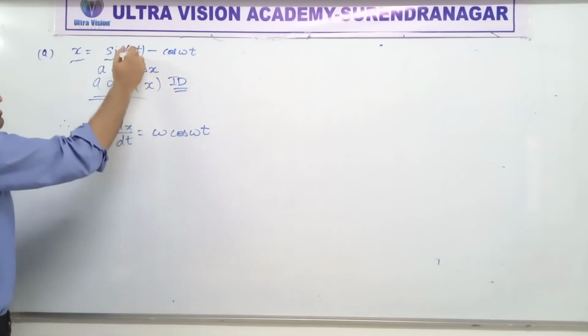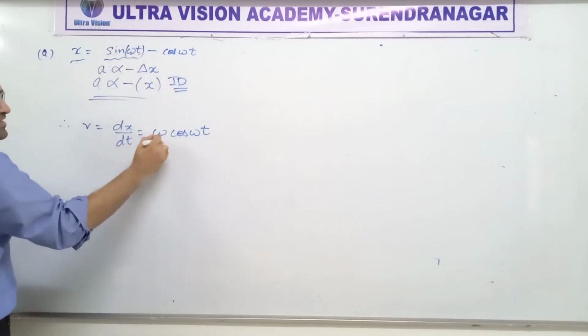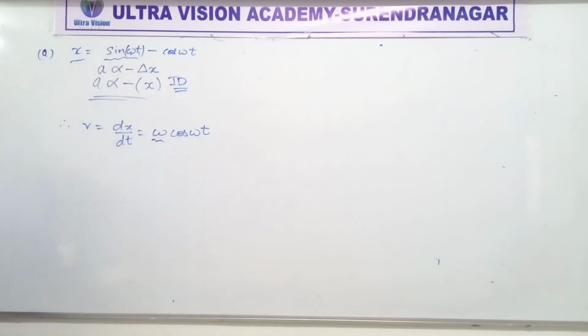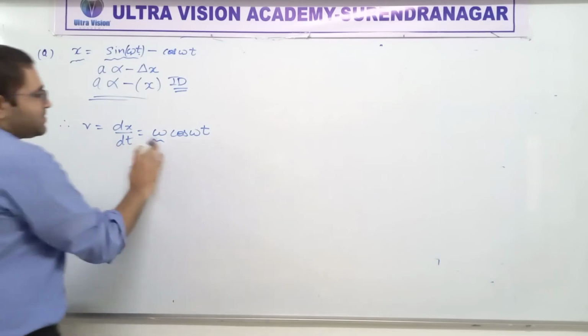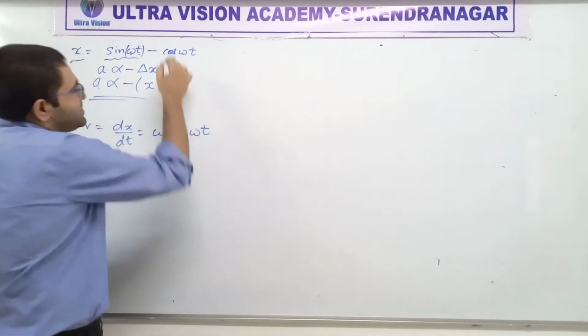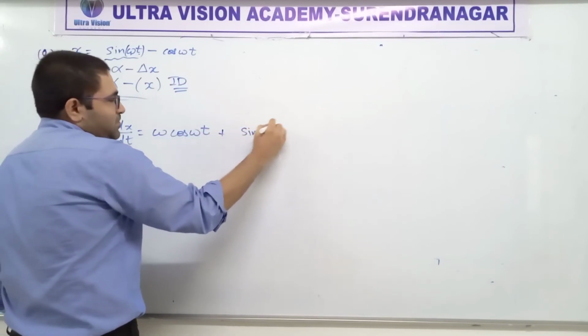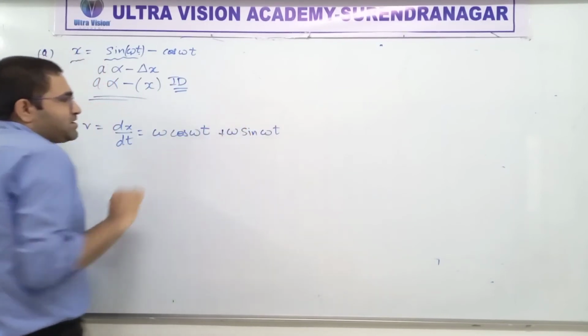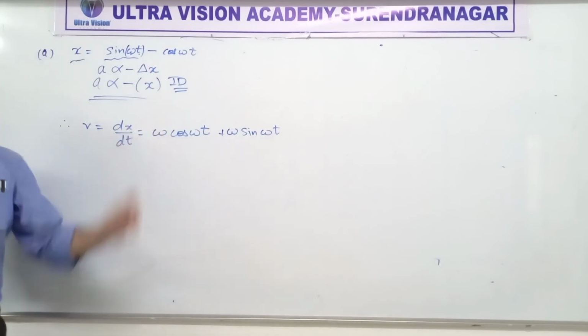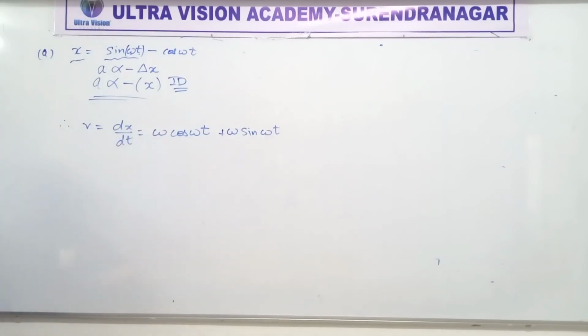But because omega is multiplied with t, you have to multiply omega outside. Hopefully you remember that. Now similarly, for the second term, differentiation of cos is minus sine. So minus minus plus sine omega t, and omega is multiplied with it. Okay, first step clear, everyone? Yes or no?